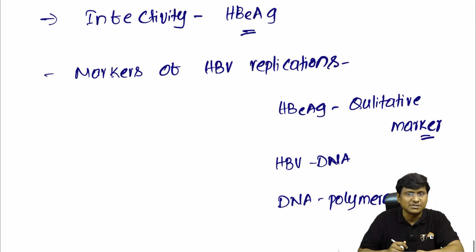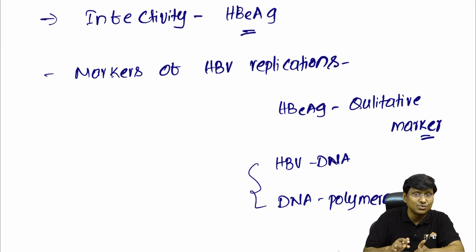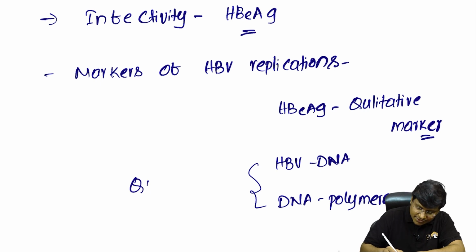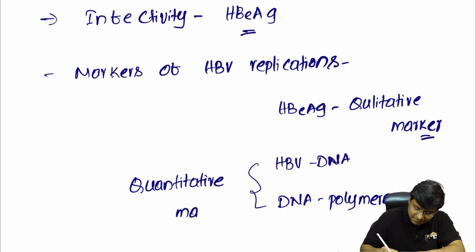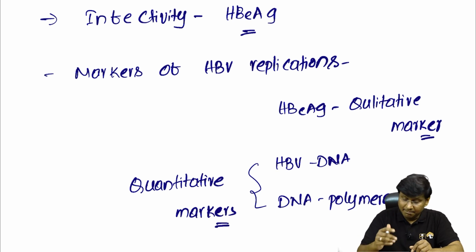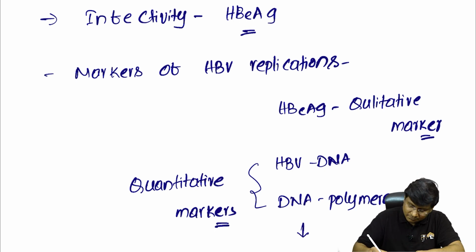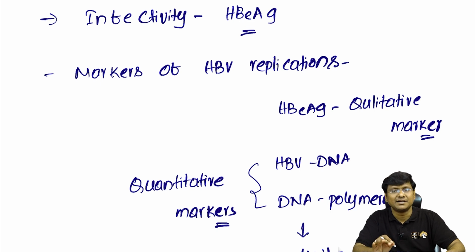So HBV DNA and DNA polymerase, these two are the quantitative markers. Okay, but among these, which is the definite marker? The DNA polymerase is considered as the definite marker for viral replication.